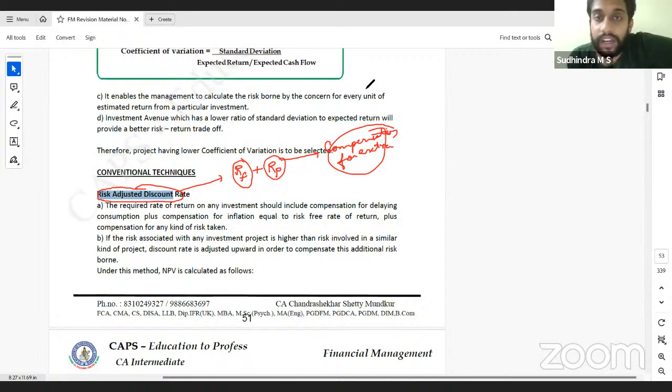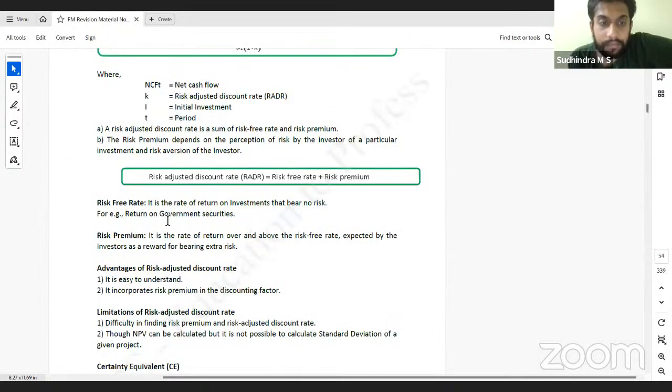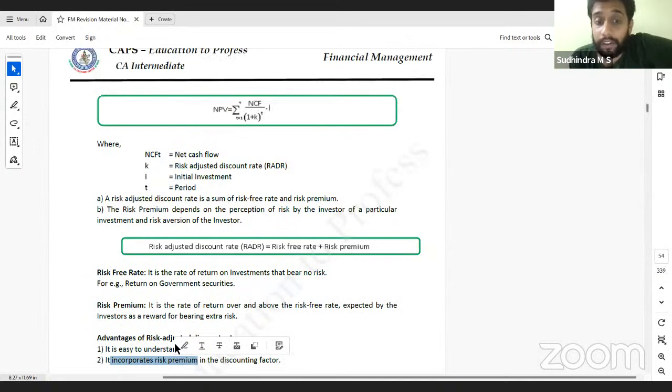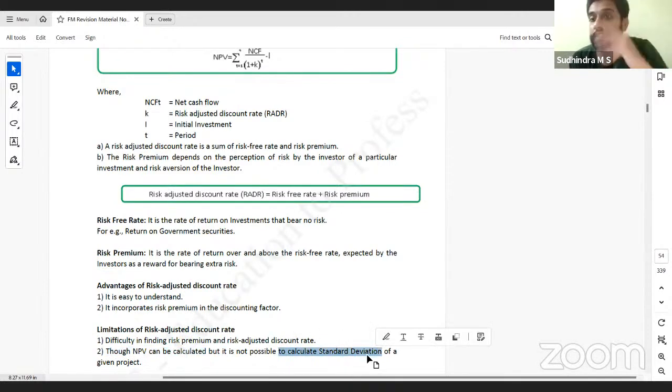What's the advantage? It's easy to understand. It incorporates risk premium in the discounting factor. However, how do you find that risk premium? Difficulty in finding risk premium is the disadvantage. Also, using RADR you can calculate NPV, but standard deviation cannot be computed. That's the limitation.